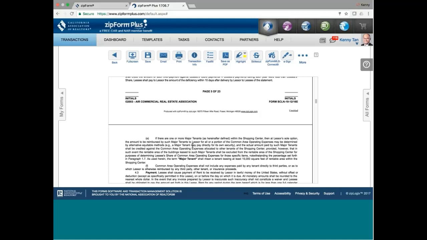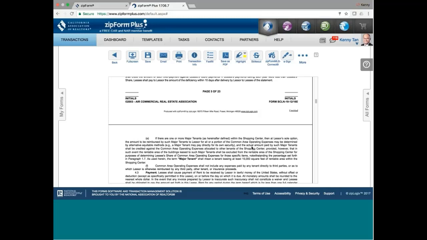Example, a major tenant may pay directly for its own security. So sometimes when you're in a shopping center that has a major tenant, the major tenant actually may pay certain expenses directly for the common area. For example, it says here a major tenant may pay directly for its own security, okay?